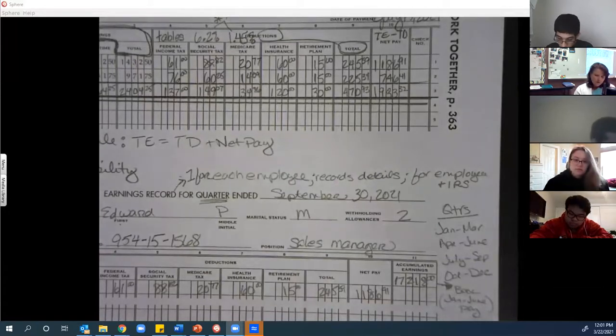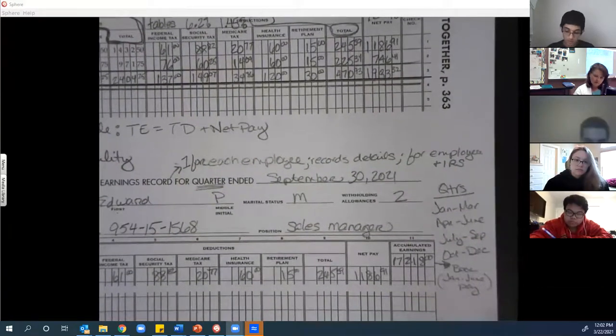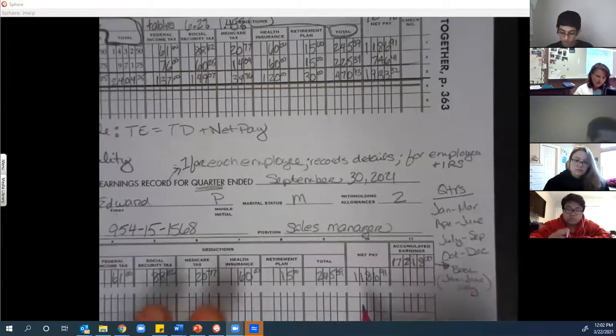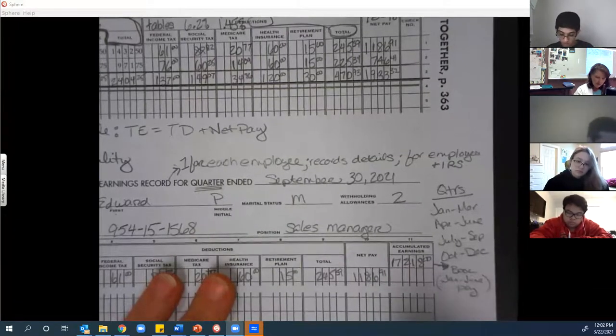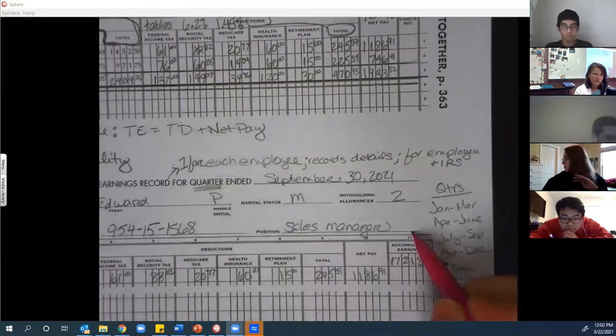Okay, super important that you listen and pay attention and really see this. Remember that I said for net pay, nobody cares. Nobody cares except Edward about the net pay. The IRS and the banks, everybody else cares about total earnings. So this running total out here is about total earnings.